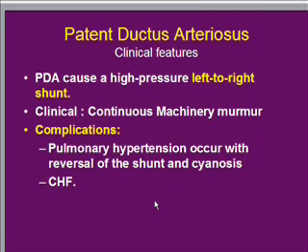Why should we call it a left to right shunt? Because here the good blood, which has a high oxygen content, is mixing with the blood which has a low oxygen content in the right chamber of the heart.